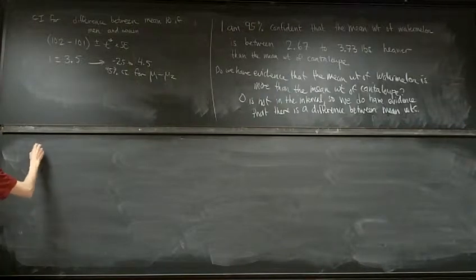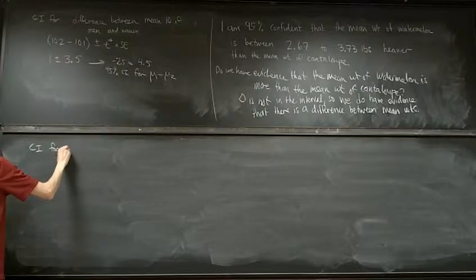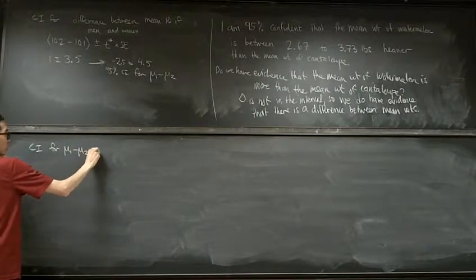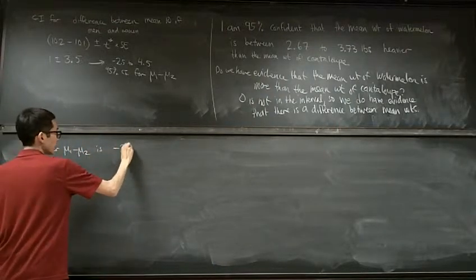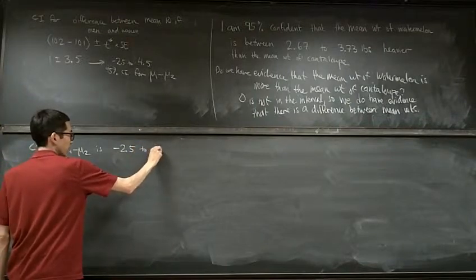So my confidence interval for mu1 minus mu2 is negative 2.5 to 4.5.